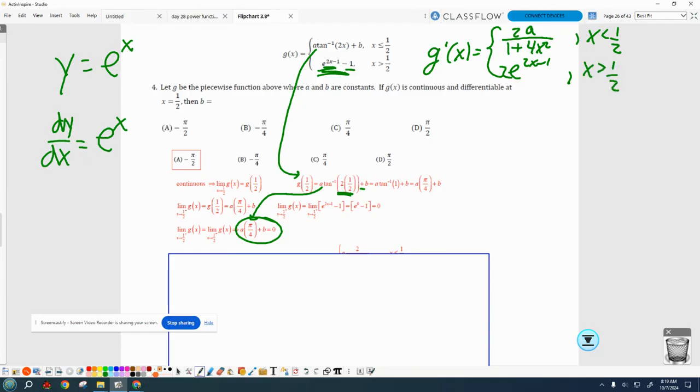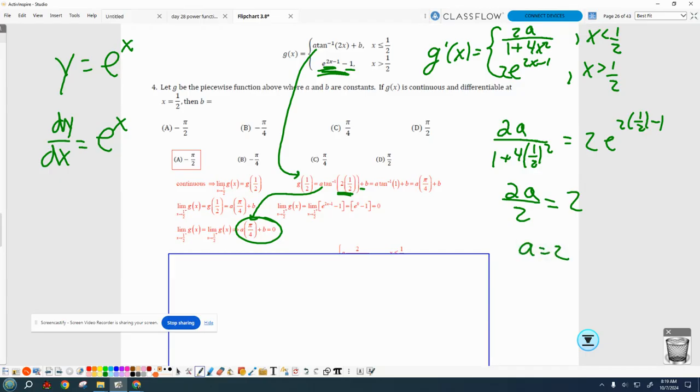So for the derivatives to be equal, now plug in a half. And that needs to equal the other side. So 2a over 2 equals, so I got a. Did I get the answer?